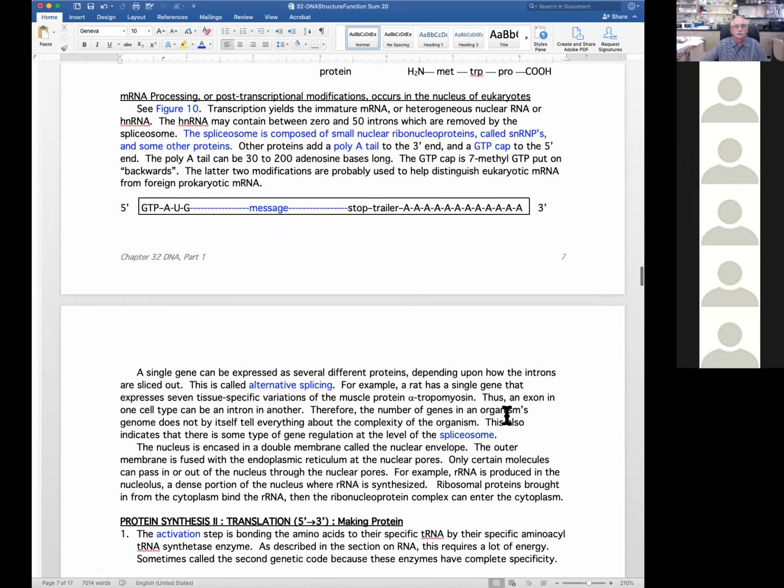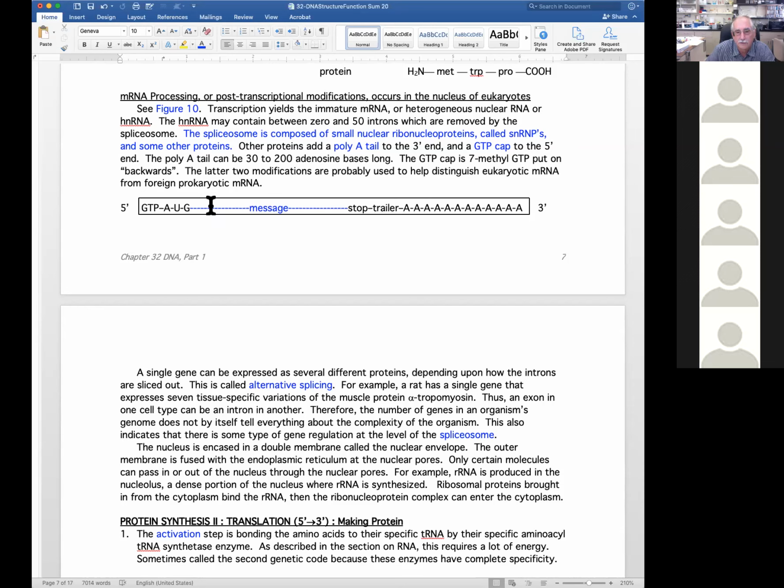So messenger RNA processing is called post-transcriptional modification. This occurs in the nucleus of eukaryotes. So how does this happen? The spliceosome is composed of small nuclear ribonucleoproteins called SNRPs, and some other proteins. So here's the message.